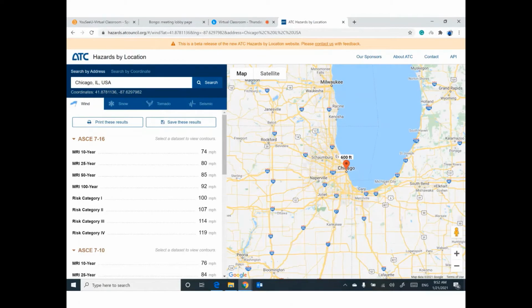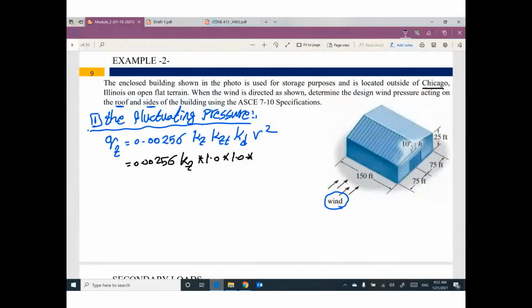Actually, we should have another table from ASCE based on the building type, used for storage purposes.